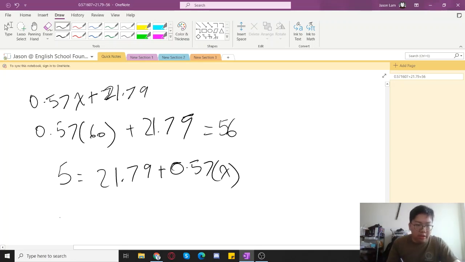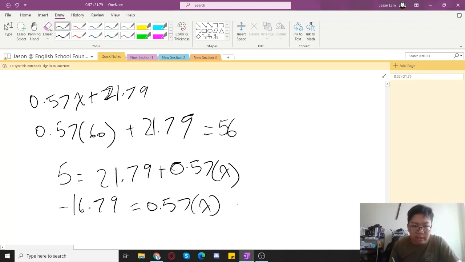So you would do your thing: 5 minus 21.79, minus 16.79, equals 0.57x. And then you would finally find x is equal to.